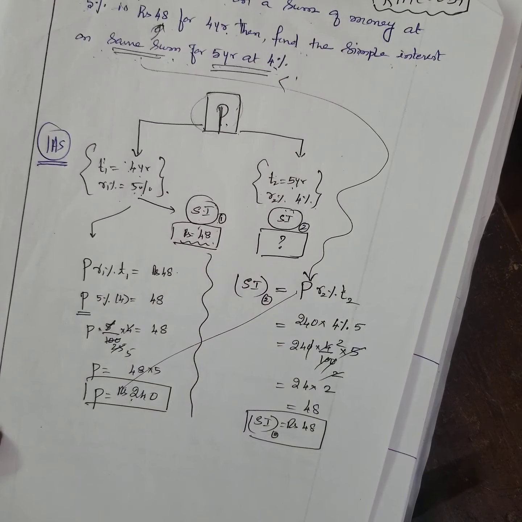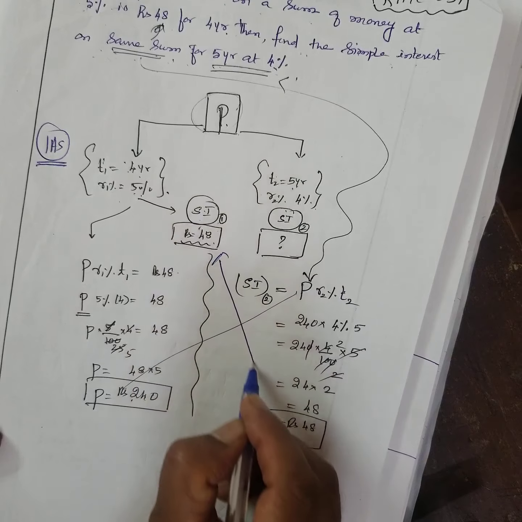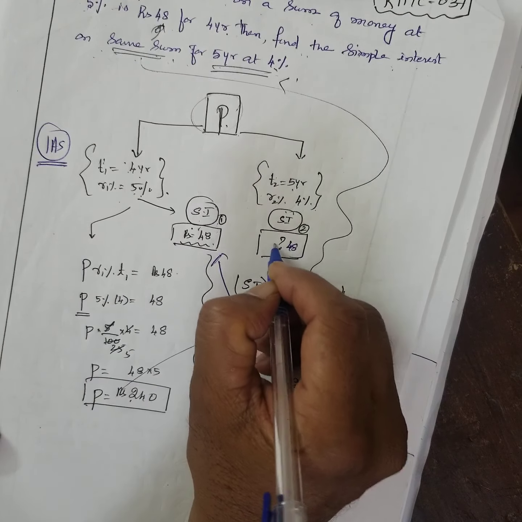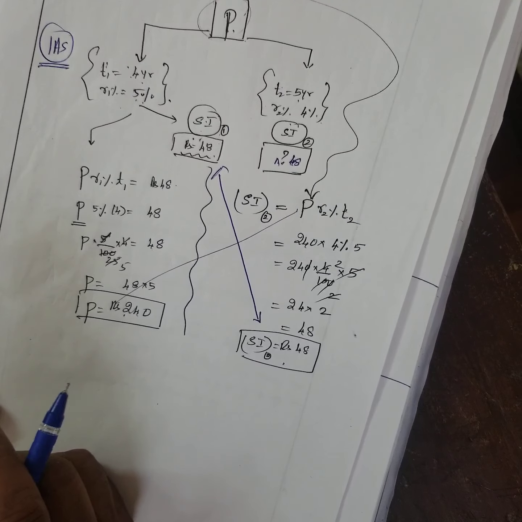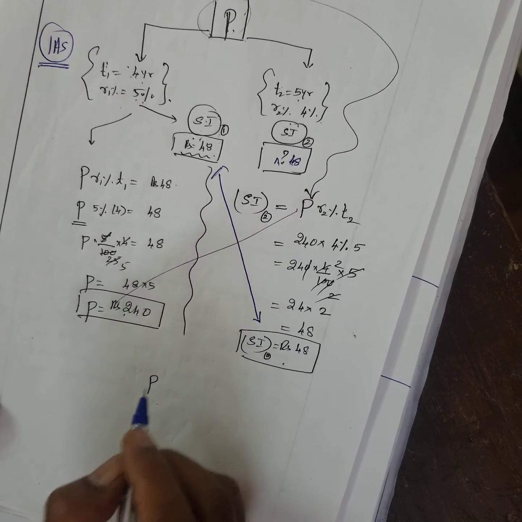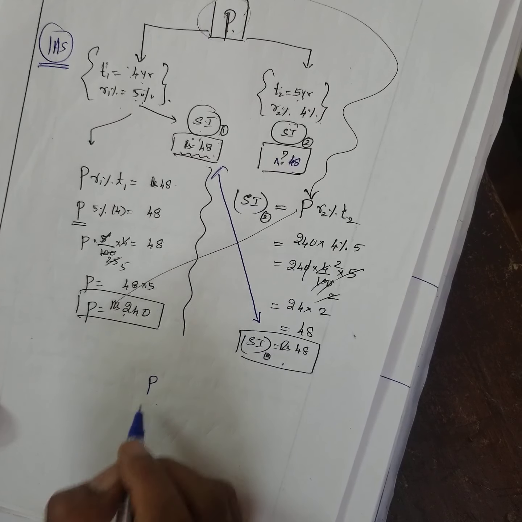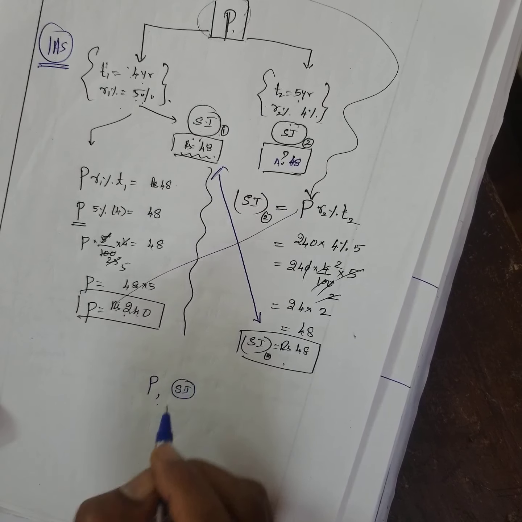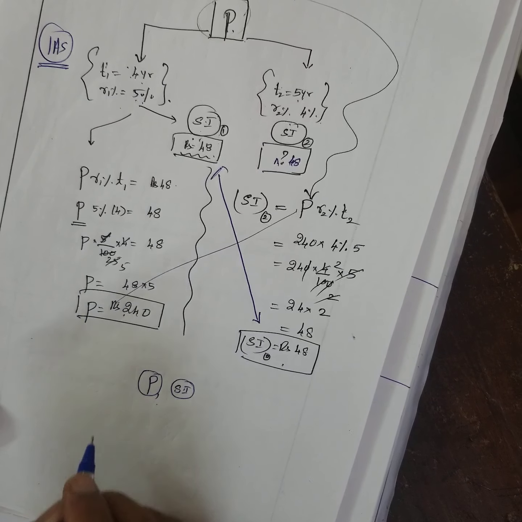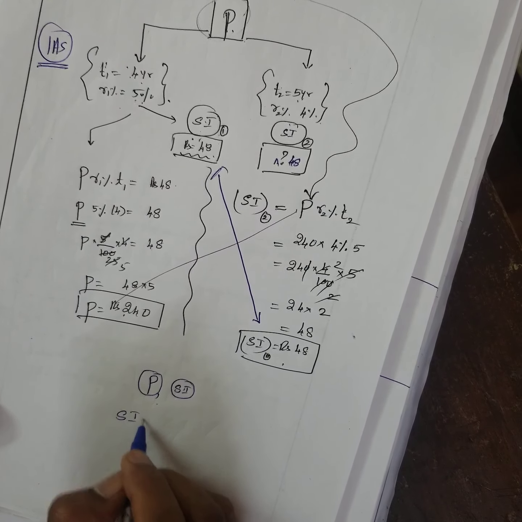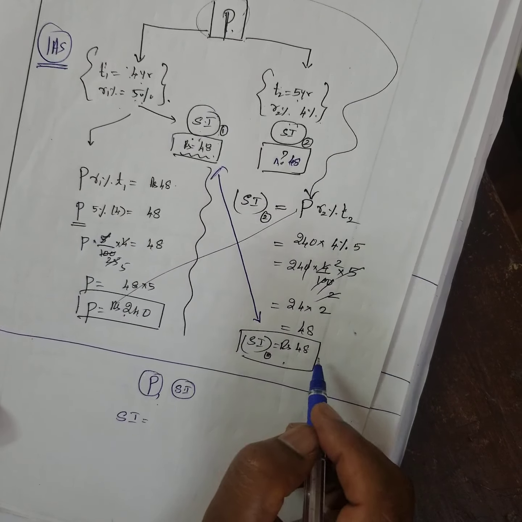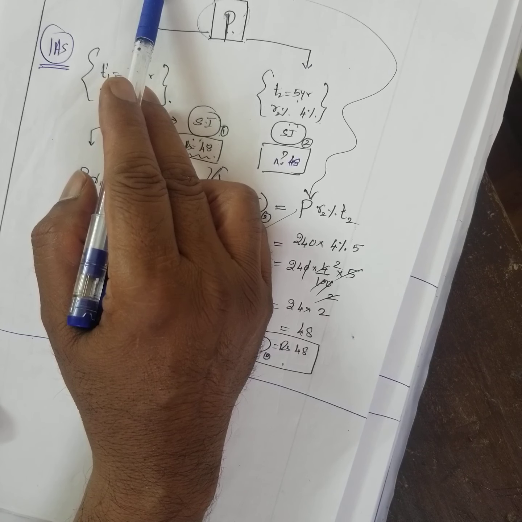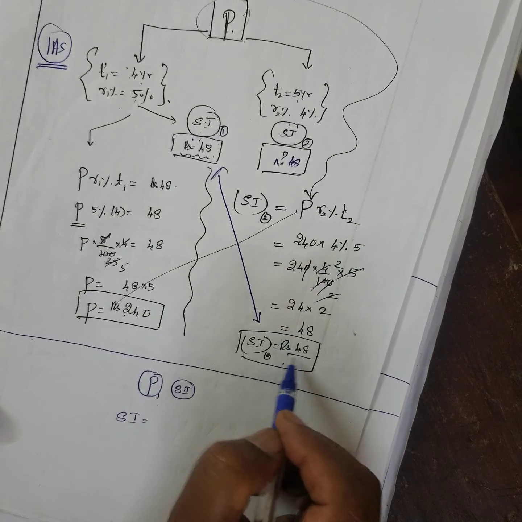What do you observe here? Same amount. And the answer is 48 rupees. Look, P is constant. Even the simple interest is the same. This is fixed, this is also fixed. The simple interest is 48 rupees only.